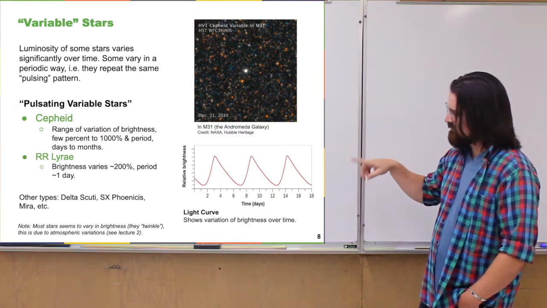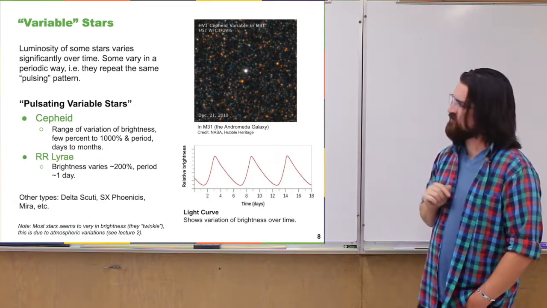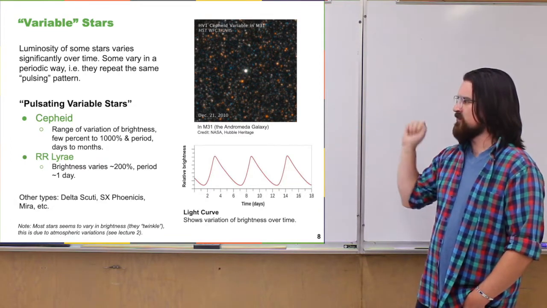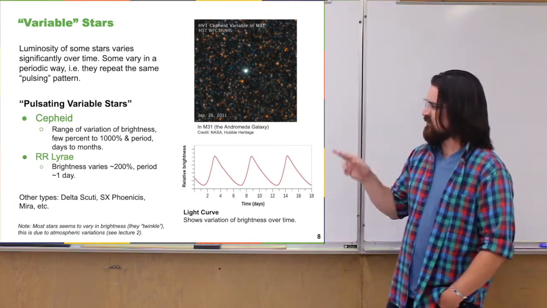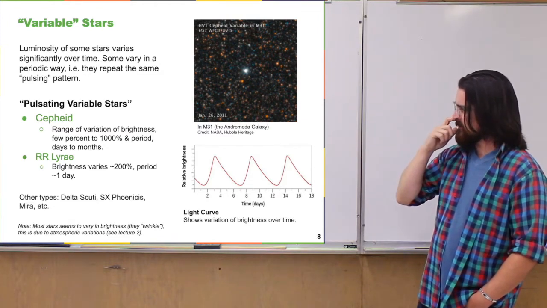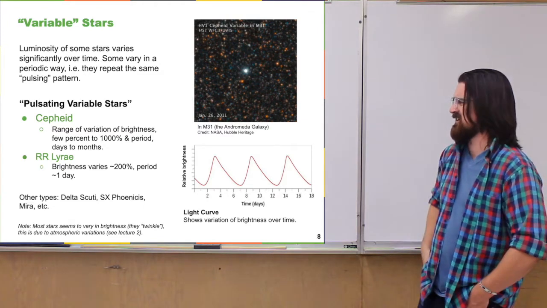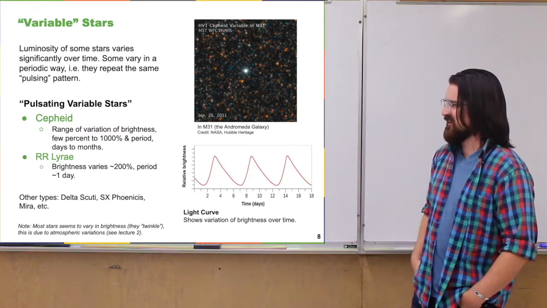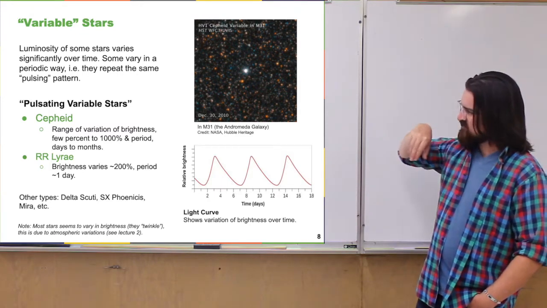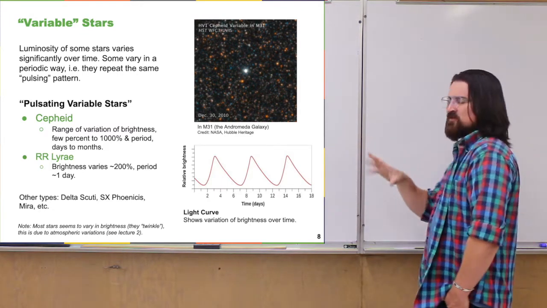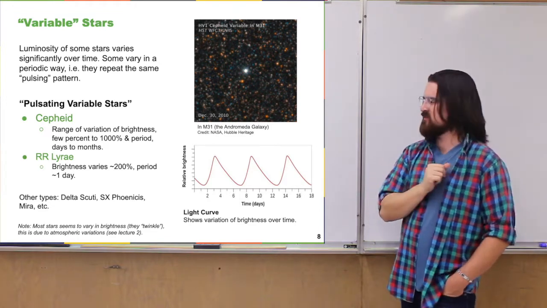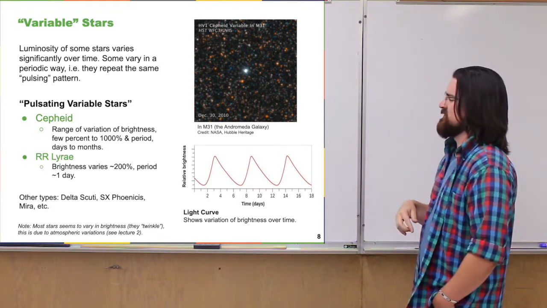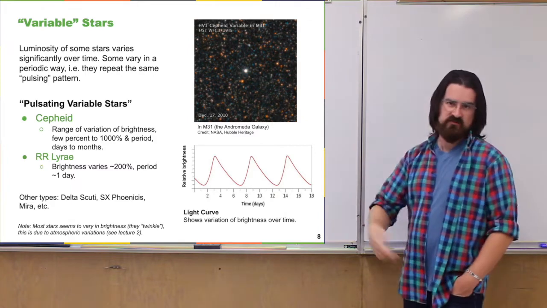The period, or the time it takes to repeat this pulse, is anywhere from days to months. The other type, the RR Lyrae, I think I've said that differently every time. Their brightness really only varies by about 200%, like 2 times its luminosity. And the periods are generally about a day or less.